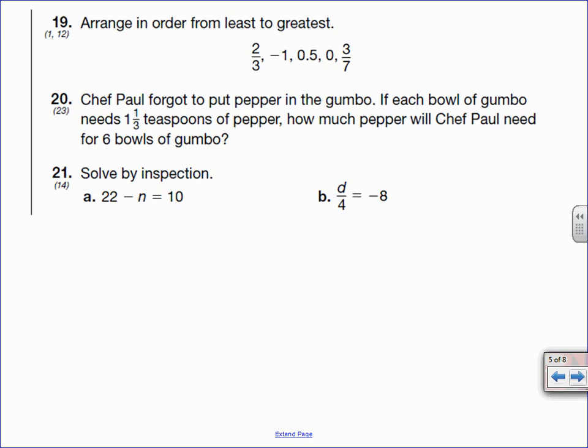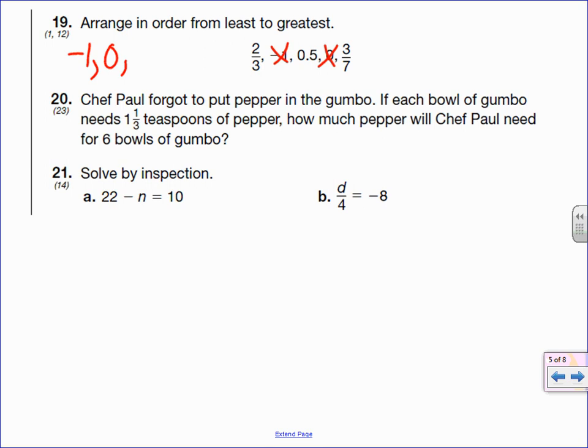Arrange in order from least to greatest. So only one of these numbers is negative, so that'll be the least. And then comes 0. Then we have to figure out, of these numbers up here, which one is bigger, which one's smaller.